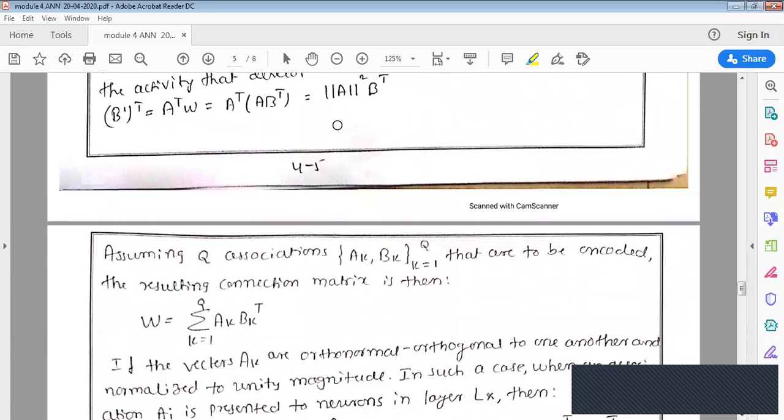Once I have B equal to A square into B transpose, suppose there are Q associations, that is, in the training set there are Q trainings you have done, which have to be encoded such that the input is correctly encoded into output. The resulting matrix is W equals the sum of Ak into Bk transpose. Both of them are vectors which have n entries.